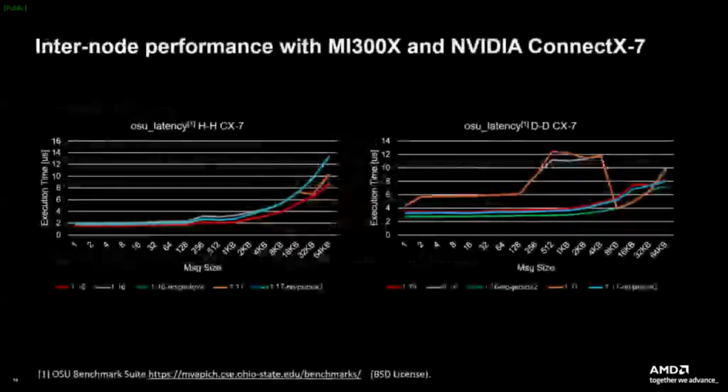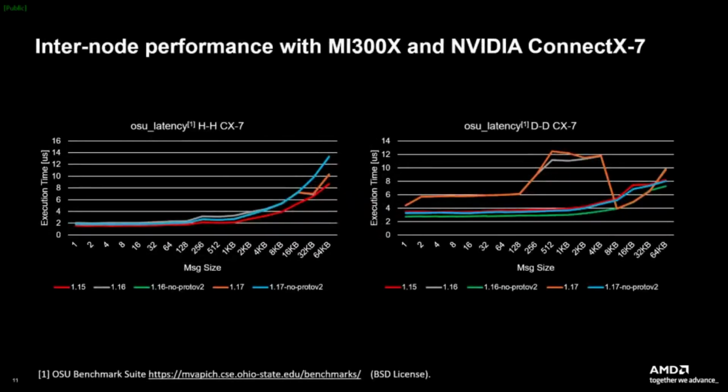Now, just a couple of performance numbers where we compare the 1.15, 1.16, and 1.17 series. I'm focusing here purely on internode performance. So, short message performance. The very short message performance for all of these releases was roughly comparable for host-to-host memory.